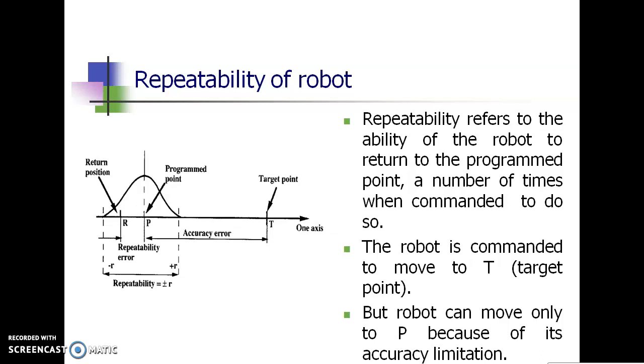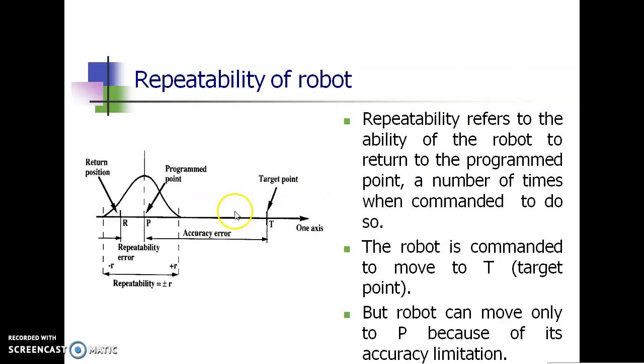So, how well the robot can return to the programmed point, or how close to the programmed point, that is what we are calling repeatability.